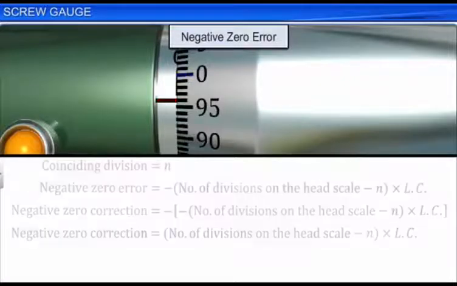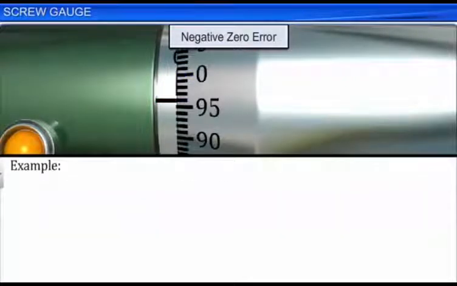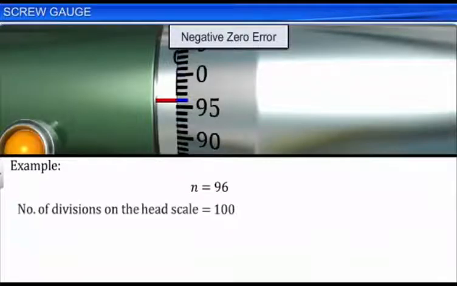For example, if the 96th division of the head scale coincides with the index line of the pitch scale, the total number of divisions on the head scale is 100 and the least count of the screw gauge is 0.01 mm.